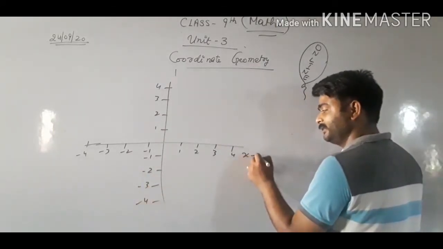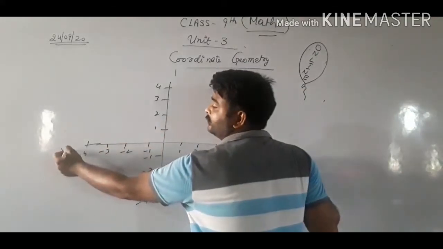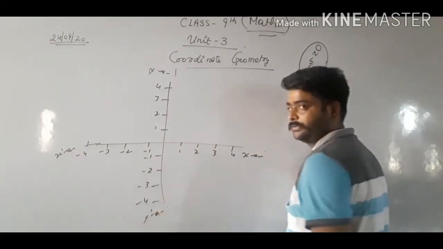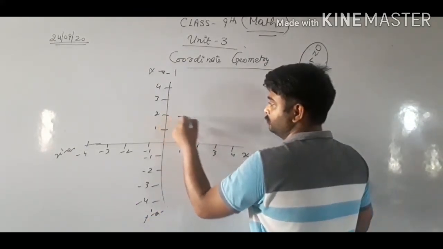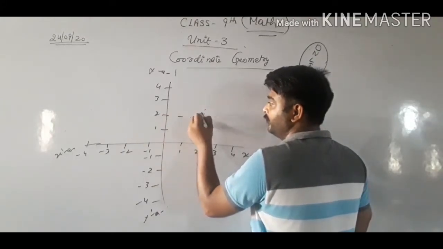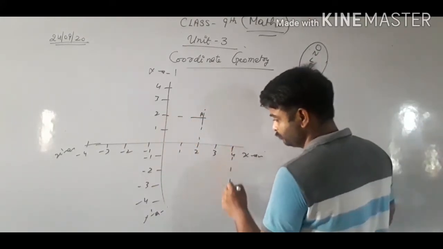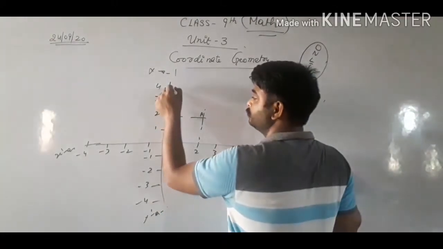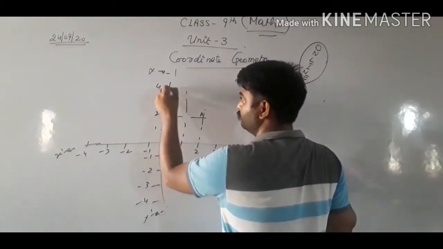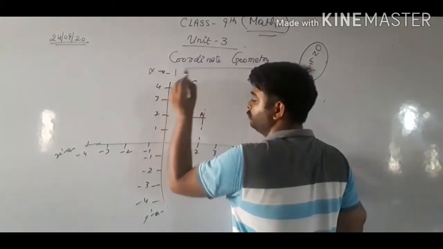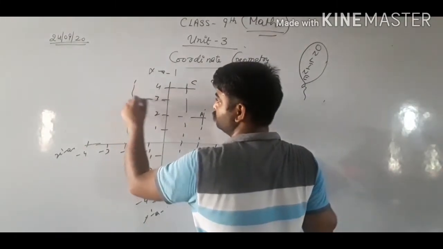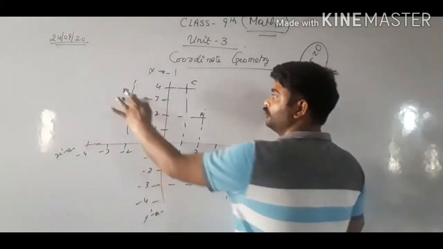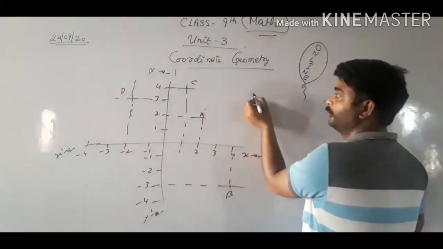So it's the x-axis, the x dash axis, the y-axis, the y dash axis. For example, this point they have called A. The point where they intersect is called B, C, D. And what is the question? Identify the coordinates of the points.